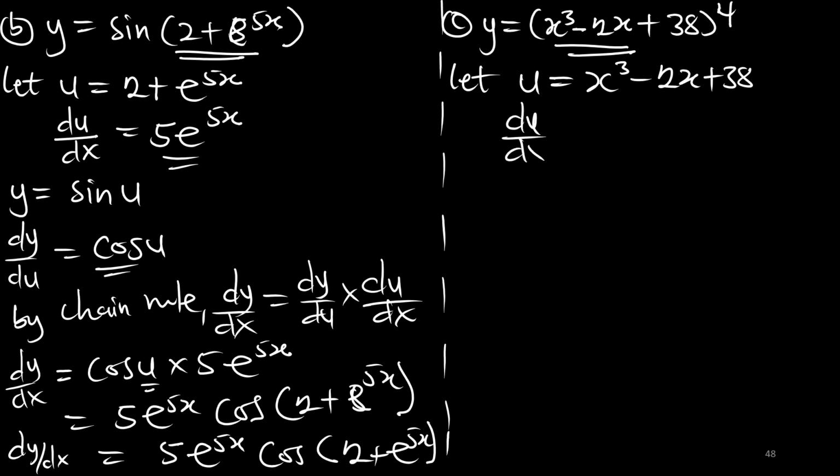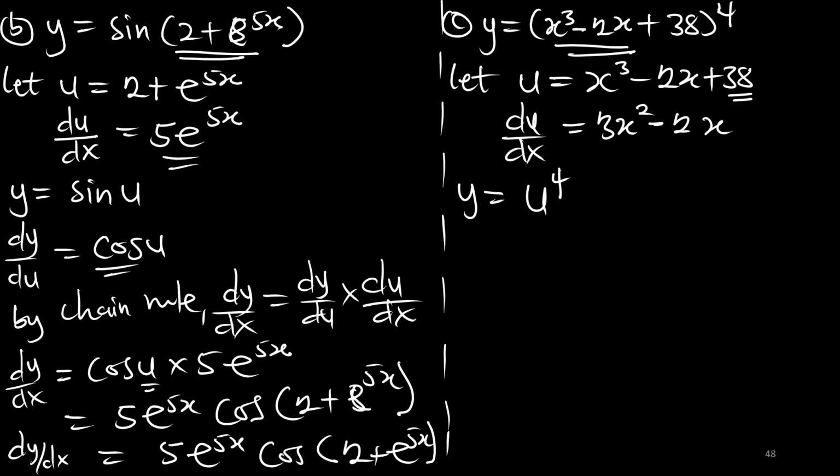That is going to give us 3x squared, right? Let's look at our function. So that is 3x squared minus 2x. The derivative of the constant will go to 0. Alright, so meaning y is now equal to u raised to the power 4.